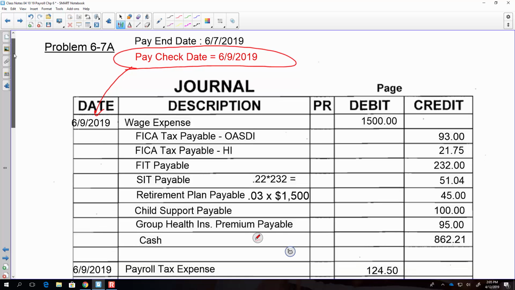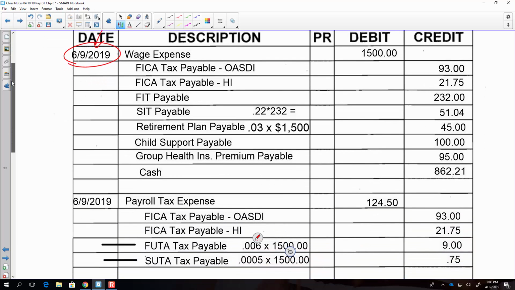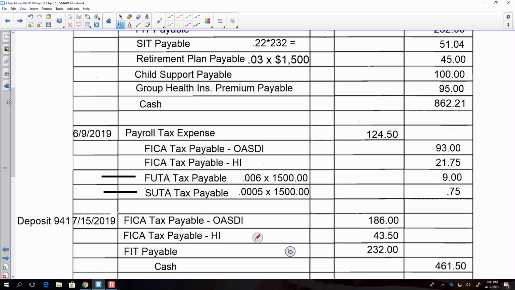Here's just another example. I wanted to point out one thing here. This is problem 6-7A. The check date is our posting date, not the pay ending date. So whatever the check date says, that's the date. It's a liability for not only our employees, that's their check date, but also for us as employers, the payroll taxes are based upon that date.